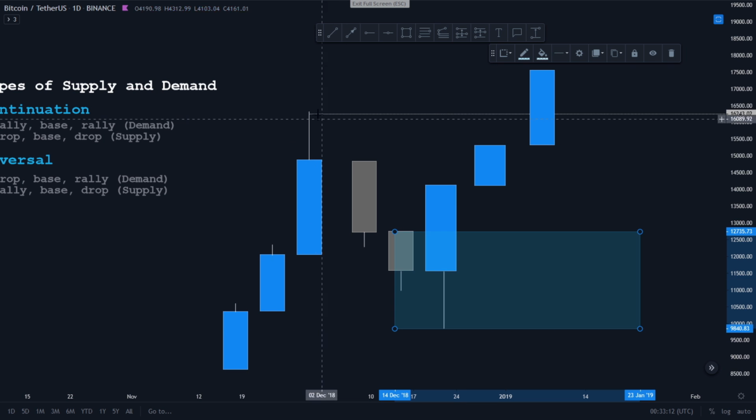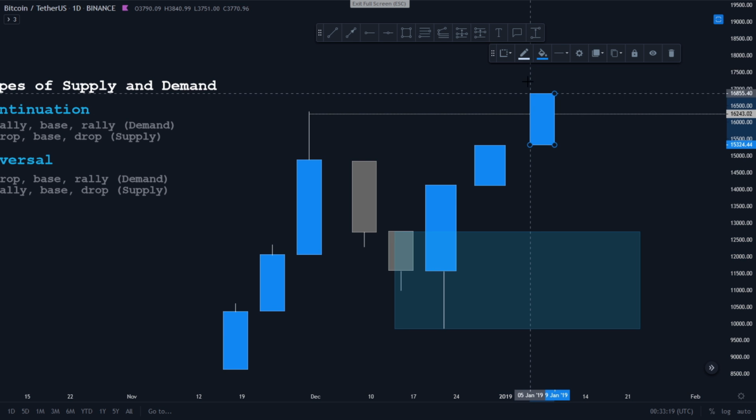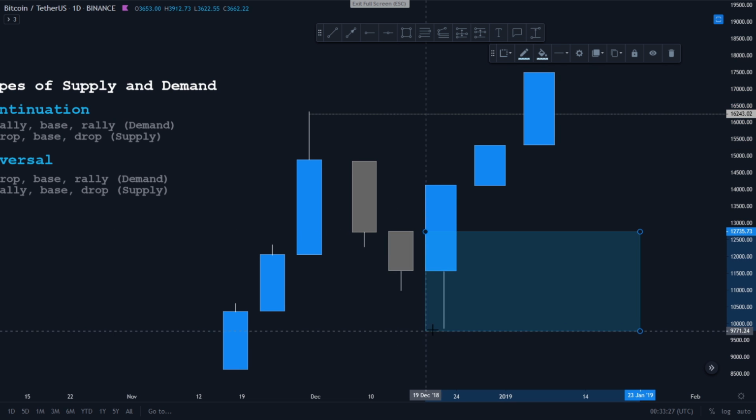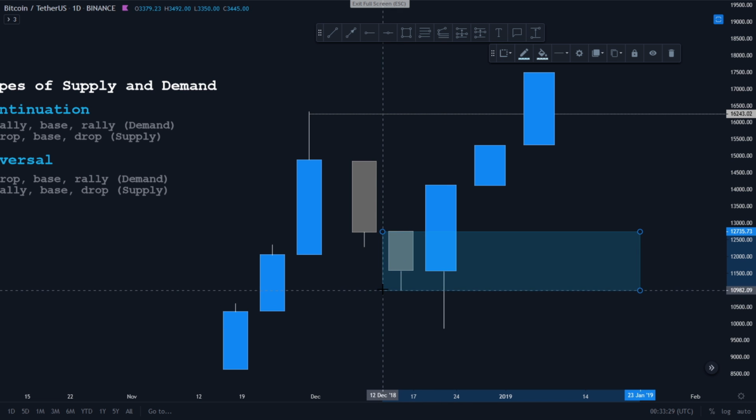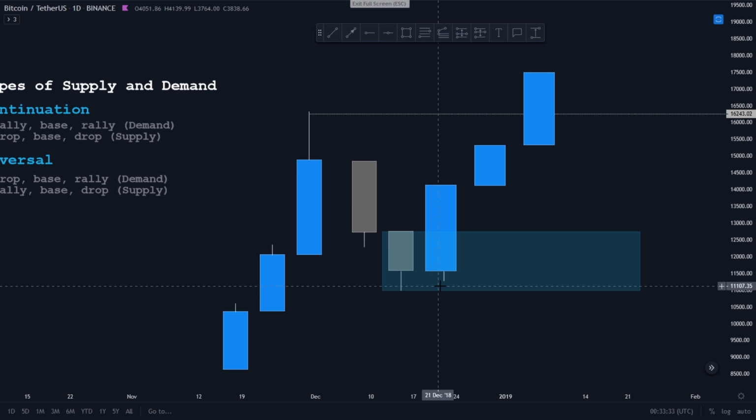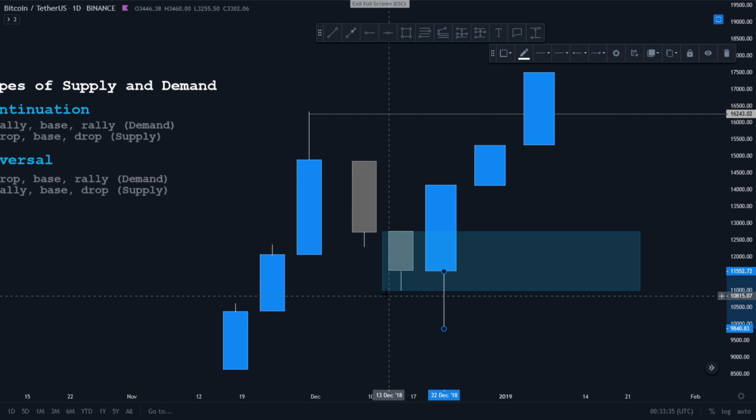This is the high, rally, base, and rally. As soon as we make a higher high, we can speak about a demand zone here. And we always take the body of the last down candle and the lowest wick, regardless if it's this one or this one.